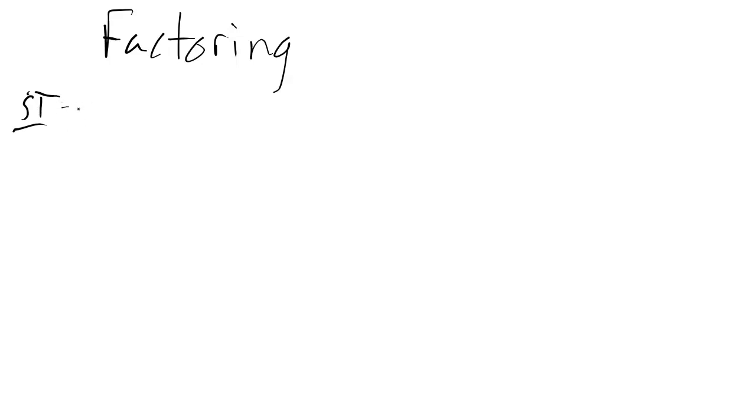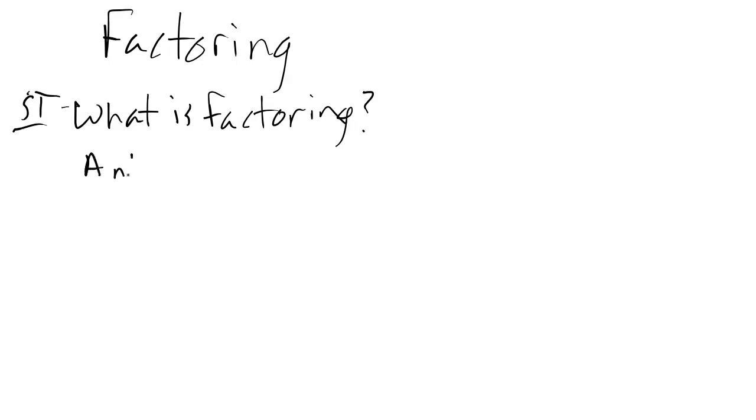And what I'm going to be asking you is, what is factoring? Well, let's think about it. We talked about factoring after distributing. And what we said was factoring was anti-distributing, right?